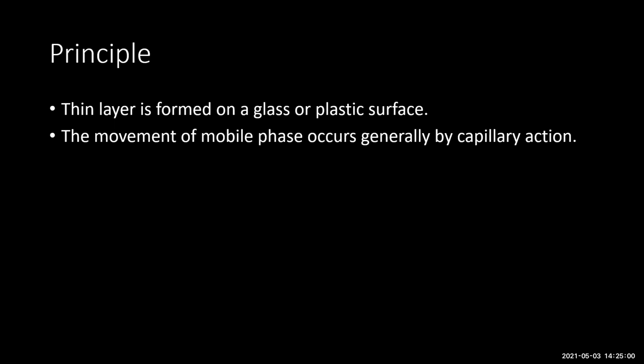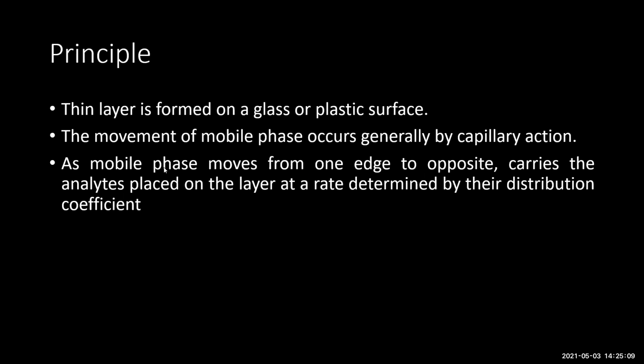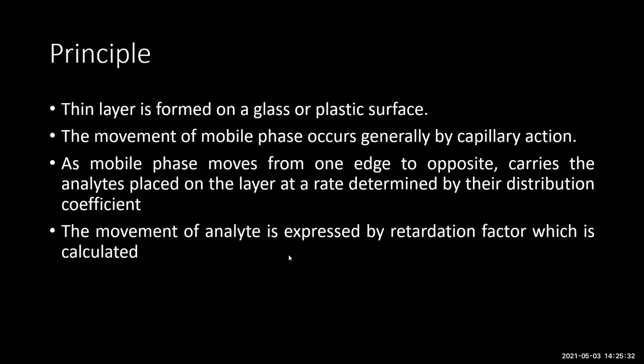You don't have to worry about that because it's not included for you. So just right now focus that movement of the mobile phase occurs generally by capillary action. As the mobile phase moves from one edge to another, the analytes are placed on the layer at a rate determined by the distribution coefficient. So based on the distribution coefficient, they are separated as the mobile phase moves from one edge of the stationary phase to the other.